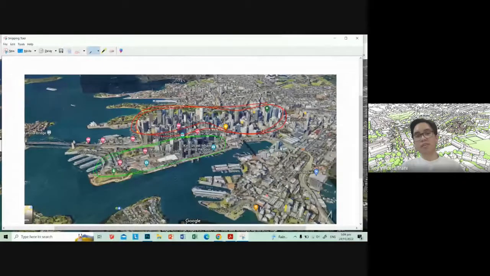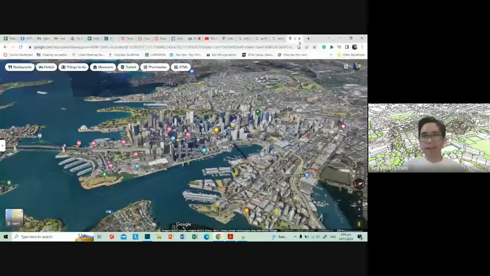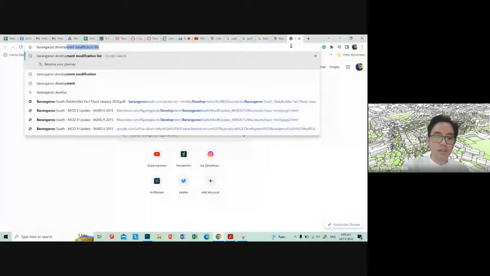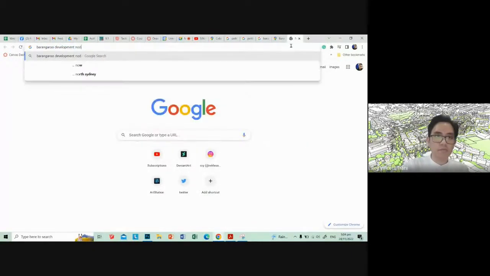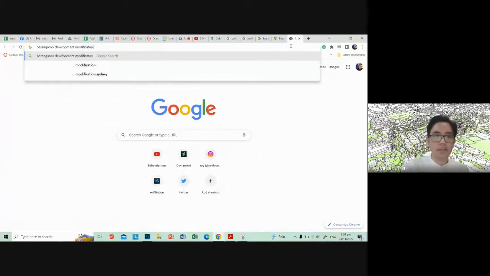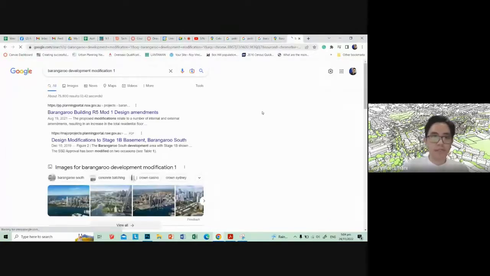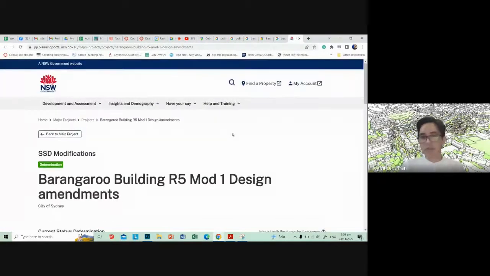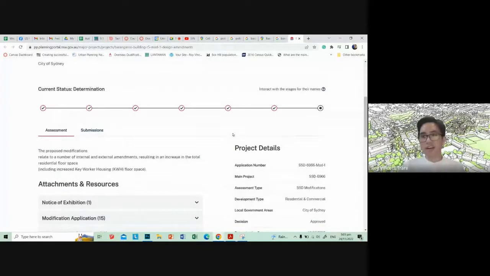Now, the first version of Barangaroo, I can just look it up here. Modification 1. Now, in a very active political environment, local government and local communities are very active in conversation.